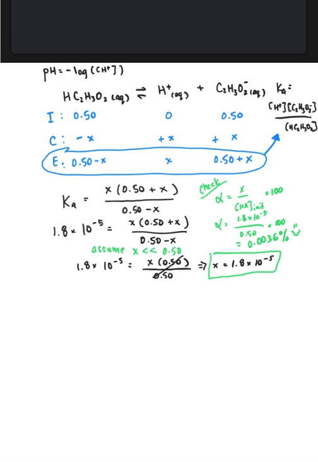So because we've been able to solve for X, we should be able to calculate a pH. pH is the negative log of 1.8 times 10 to the minus 5, which is 4.75. The pH of this acetic acid, acetate buffer, is 4.75. So this is the buffer pH.